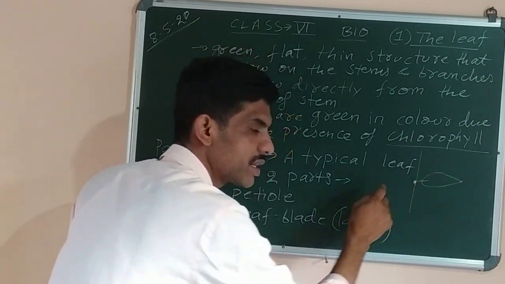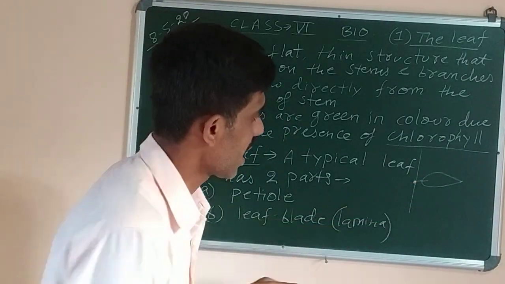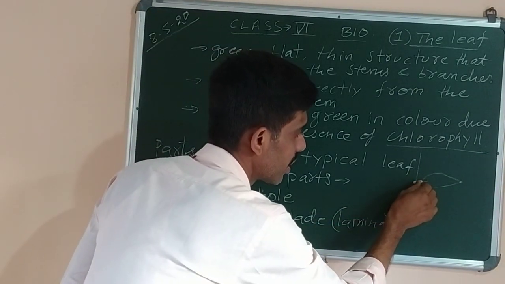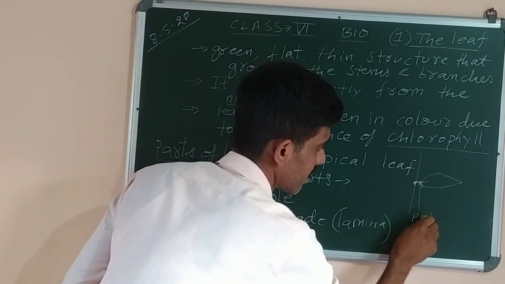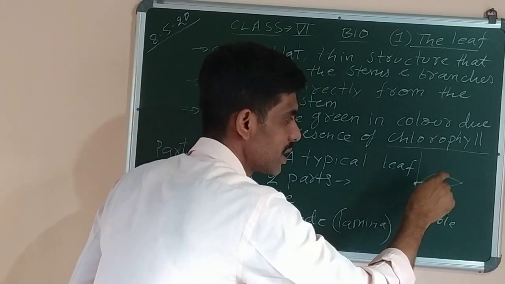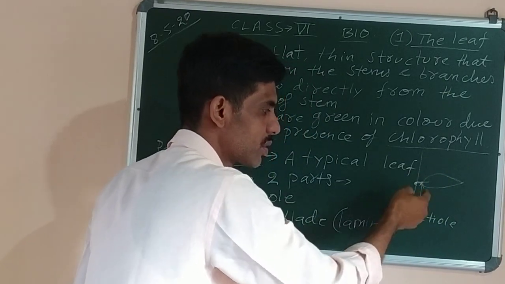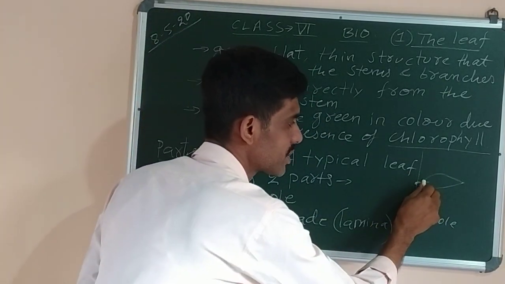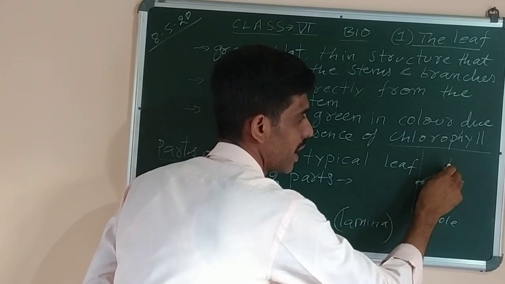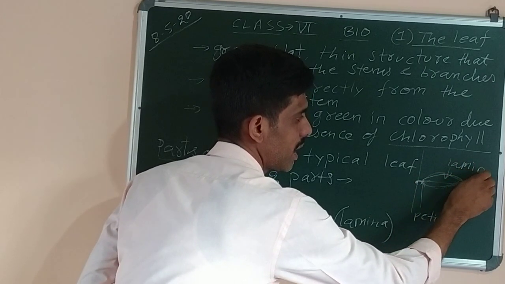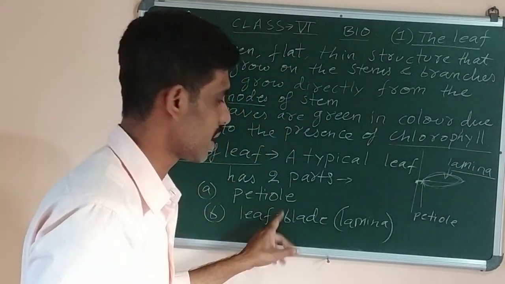The entire structure is called leaf blade from here. And this part is called petiole, the stalk. The stalk of the leaf by which the leaf is attached to the stem is called petiole. And this entire structure, the green flat portion, it is known as lamina. Also called leaf blade.